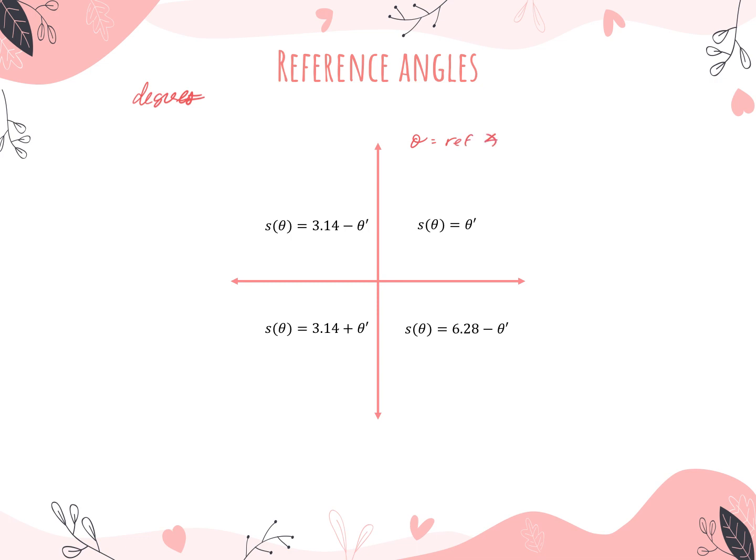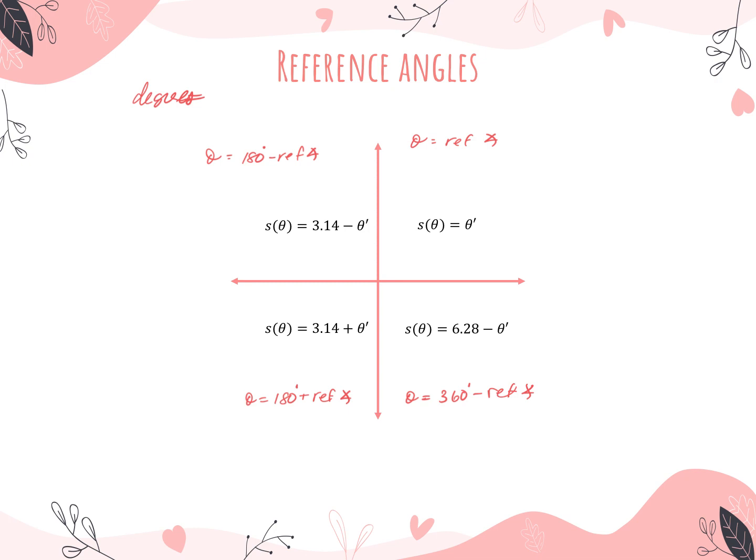In quadrant 2, we said that theta equaled 180 minus the reference angle. In quadrant 3, we said that theta equaled 180 plus the reference angle. And in quadrant 4, we said the angle was 360 minus the reference angle. Now, this was in degrees. This is how we found the reference angle in each quadrant.